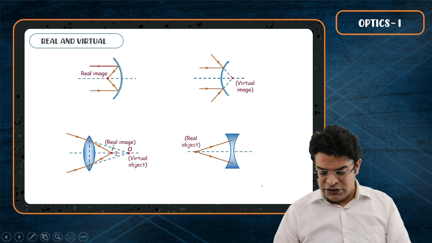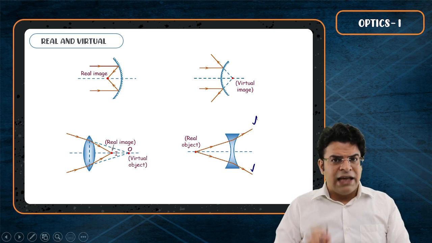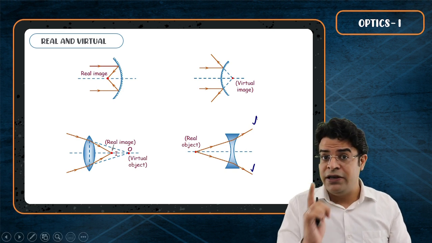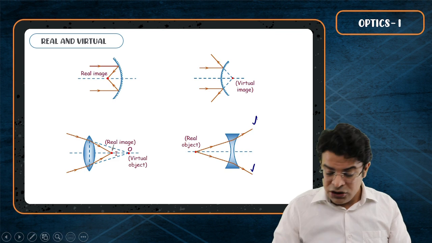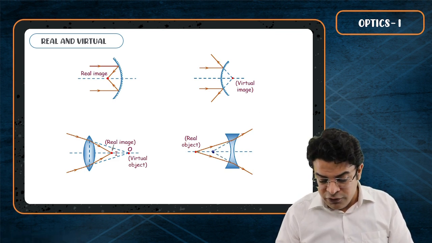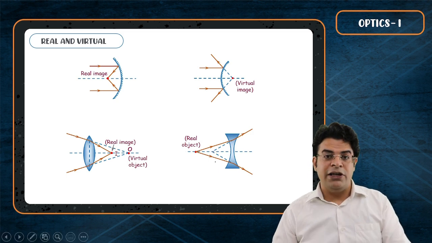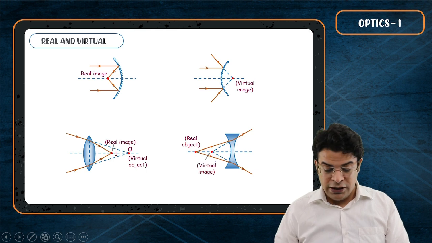Now once the diverging lens diverges the rays, will these two refracted rays ever meet? No. What will meet? Sir, their extensions. So once you extend these two refracted rays, you will find their point of intersection. Now tell me, this is which type of image? Sir, this is a virtual image.